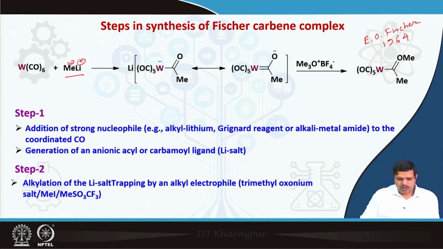So the addition of a strong nucleophile, alkyl lithium or even Grignard reagent or any alkali metal amide, attacks the carbonyl carbon and forms the lithium salt of the anionic acyl or carbamoyl ligand.